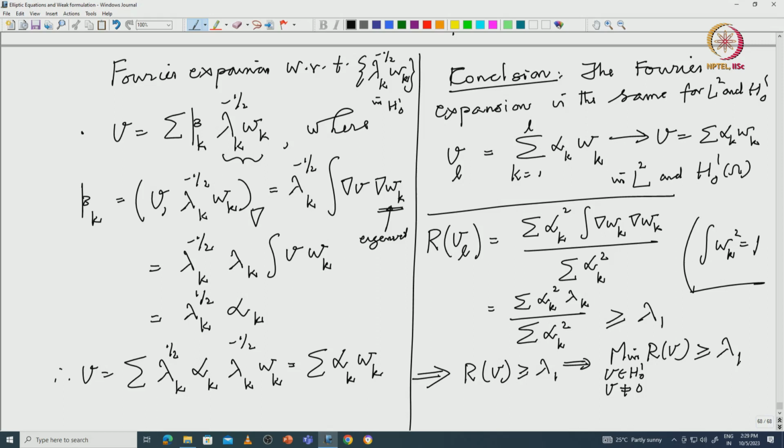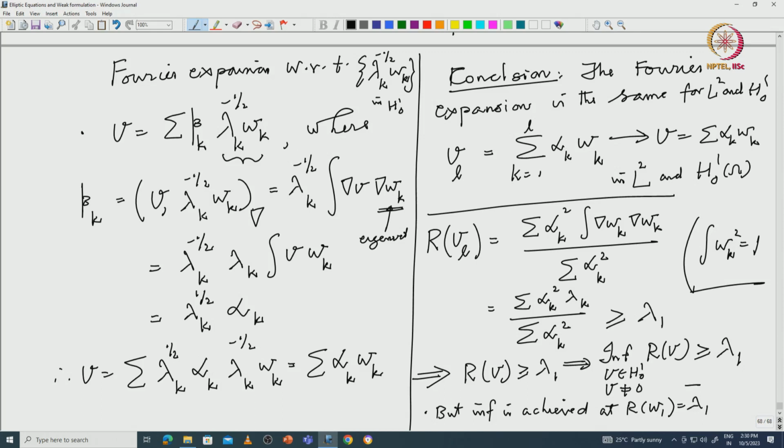But then the infimum you can call it. But the infimum is achieved at W1, R of W1 equal to lambda 1.